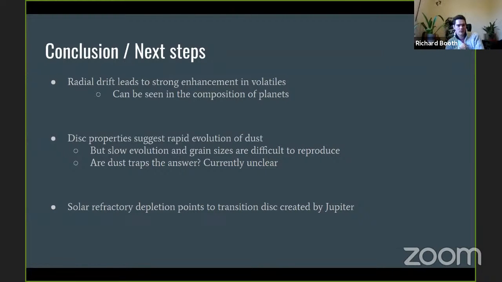In the models, the models don't really care whether we let Jupiter stay at a Jupiter mass or become 10 Jupiter masses. We've done essentially both models where we just say, okay, Jupiter's now a Jupiter mass, we stop it from accreting, and we've done models where we let it keep accreting, and you get more or less the same answer.